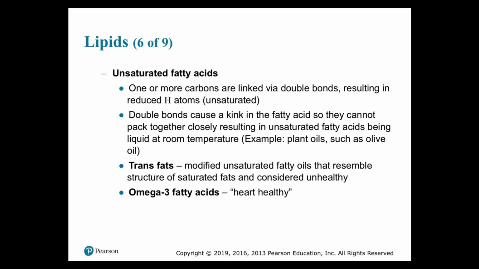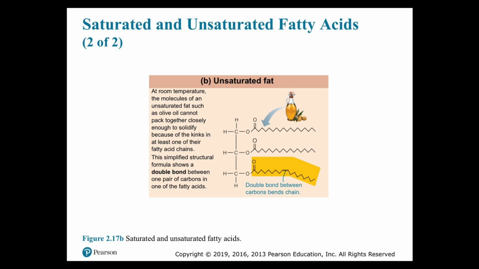Whereas omega-3 fatty acids are the heart-healthy fatty acids. They're found in fish oils and also flaxseed oil, and they're healthy because they lower our levels of cholesterol. In Figure 217B, we see examples of unsaturated fats.